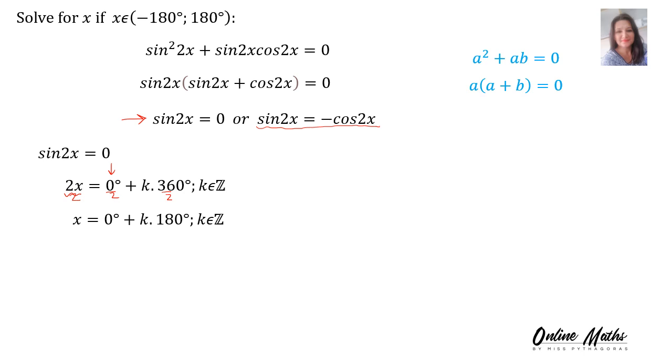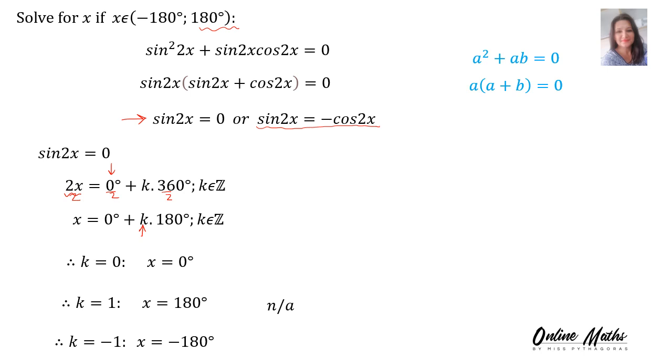So what you have to do now, in k's place, when we substitute 0, the answer is 0. And that one is valid. It falls within the parameters of your interval. When you substitute k is equal to 1, you end with x is exactly 180 degrees, and that one is not applicable since your interval, if you look on top there, the 180 is not included.